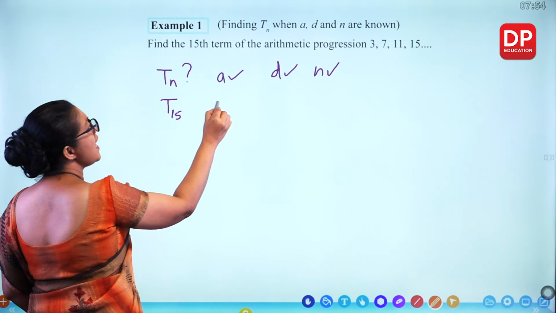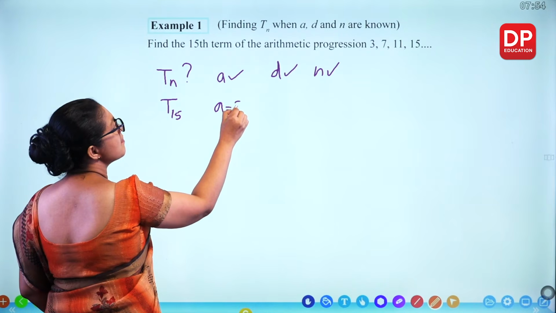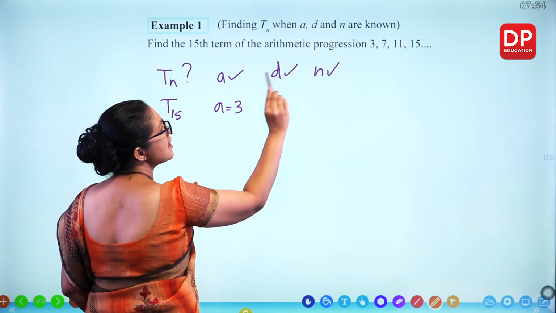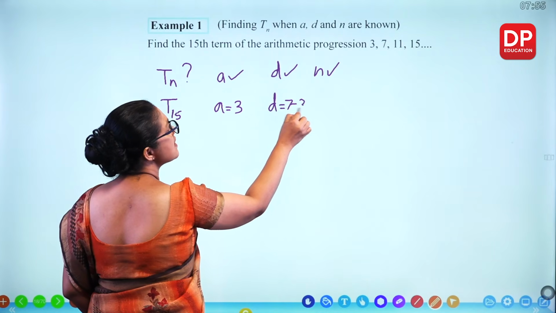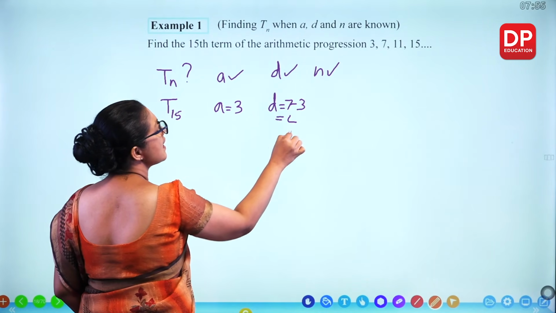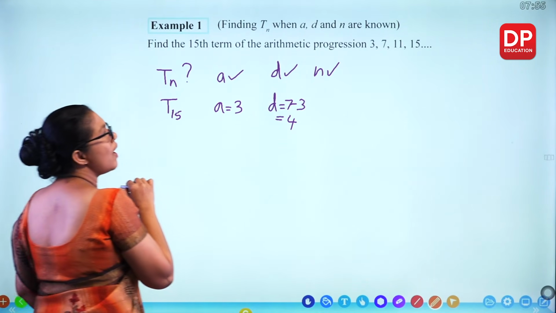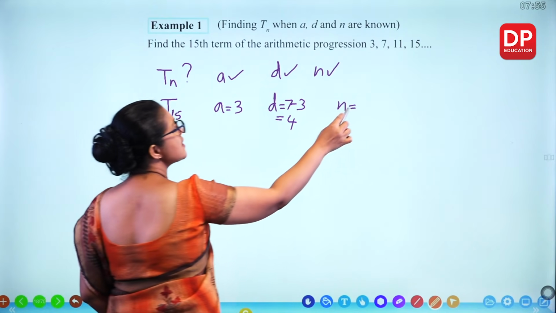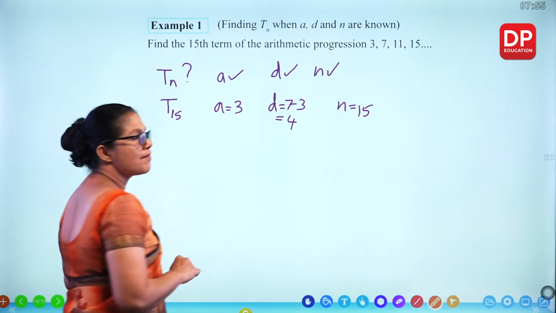So identify A, first term, that's 3. What's the difference? We can take the difference between 2 consecutive terms. 7 minus 3, I can write 4. And N, what is N? We need 15th term. N is 15.